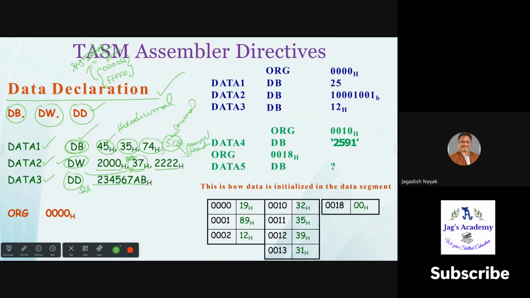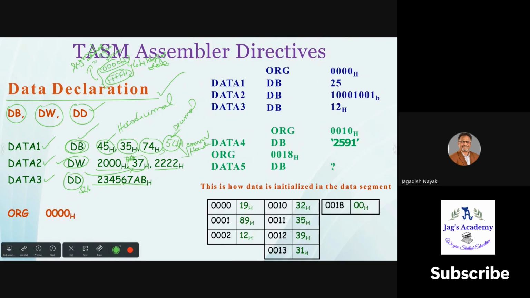We have already seen it. And under that segment address, there are offset addresses starting from 0000 to FFFFH. So totally you can save in one segment address 64 kilobytes of data, whenever the memory is byte addressable. This is what you need to always remember.